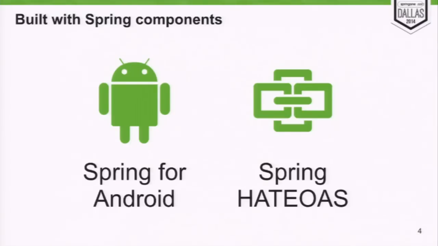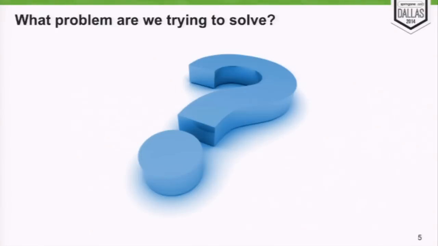In case you couldn't guess, that demo was built with Spring for Android and Spring HATEOAS. I'll get to the code later, but I wanted to give you fair warning that it was built with those two projects. So what problem are we trying to solve with Spring for Android? Why are we doing this project? And hopefully you can get some of the answer just by seeing that demo.